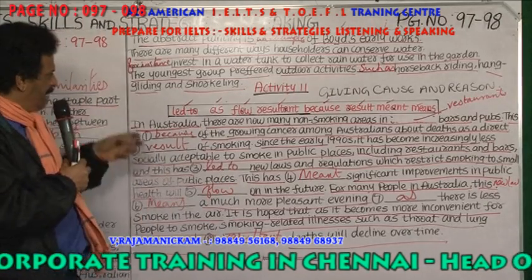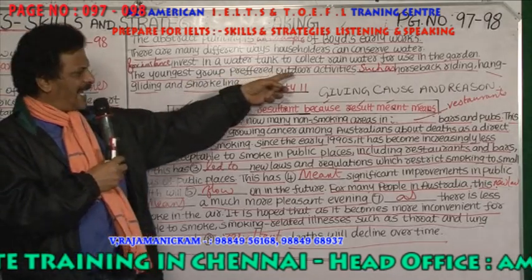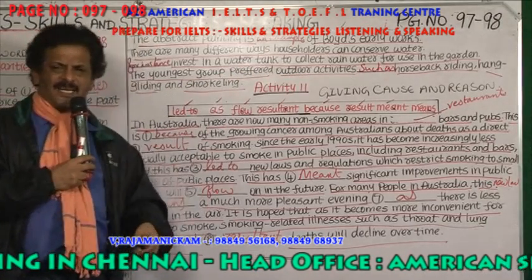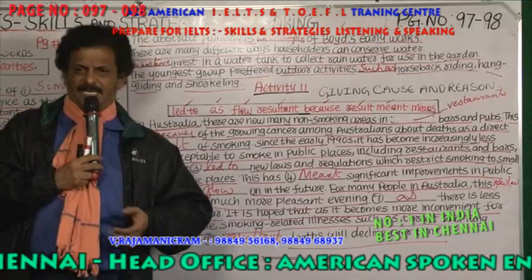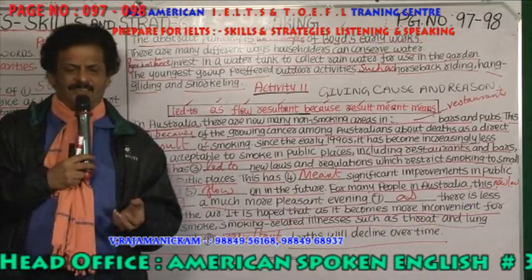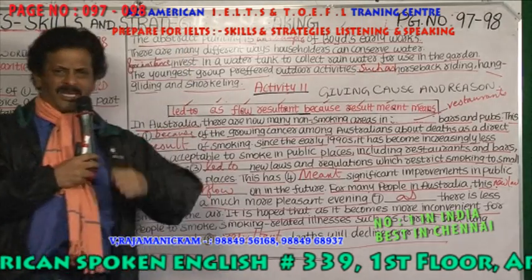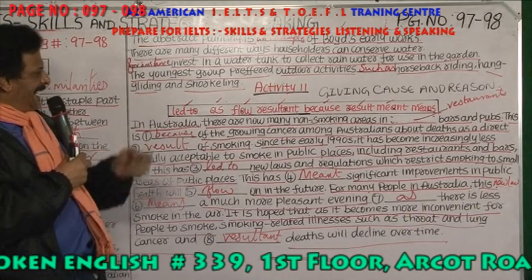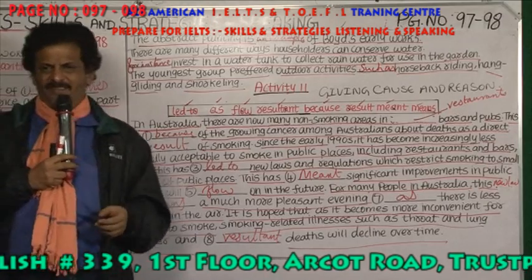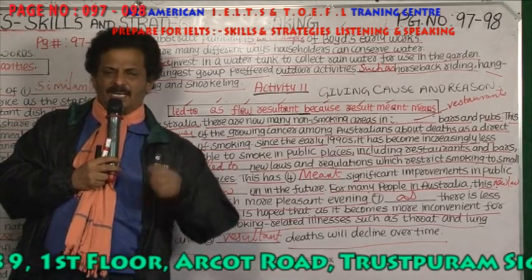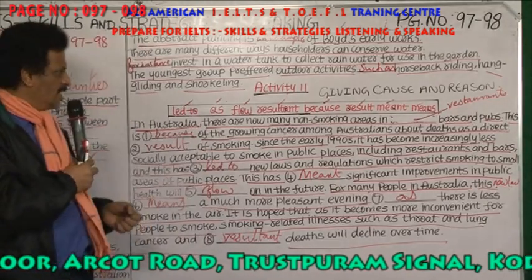The youngsters group preferred outdoor activities. இளைஞர்கள் இன்றைய காலத்திலே வெளியே சென்று தங்களுடைய நேரத்தை செலவழிக்க விரும்புகிறார்கள். உதாரணமாக, such as horseback riding, குதிரை மேல் சவாரி செய்வது, hang gliding and snorkeling என்று சொல்லக்கூடிய விளையாட்டுக்களை விளையாடுவதை அவர்கள் முக்கியமான ஒன்றாக கருதுகிறார்கள்.